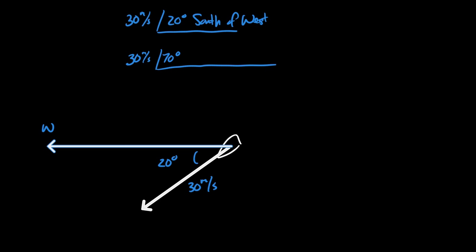Would you agree, Michael, that the 70 degrees is going to be a measurement relative to south? Okay. So face south first, turn towards the west, 70 degrees. So, west of south. Good?